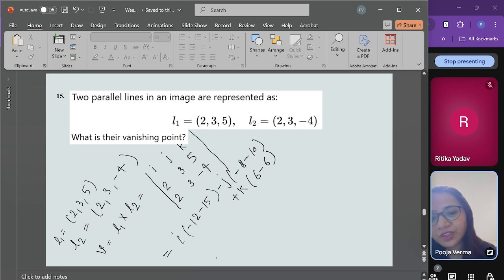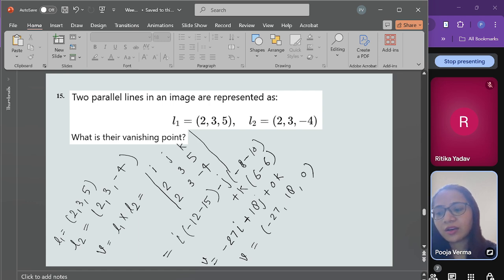So here you will get minus 27i, and since it is minus 18, minus minus becomes plus 18j, plus 0k. So this is the vanishing point, also represented as (-27, 18, 0).